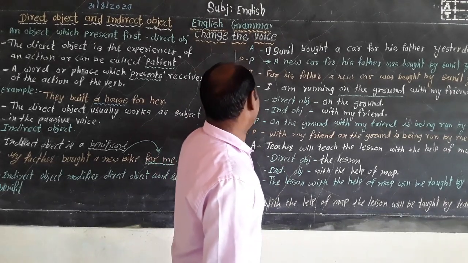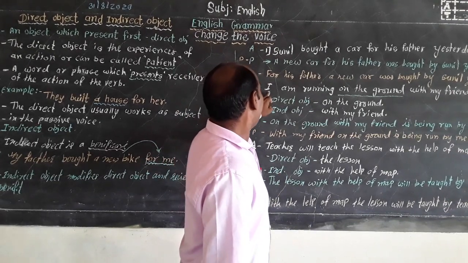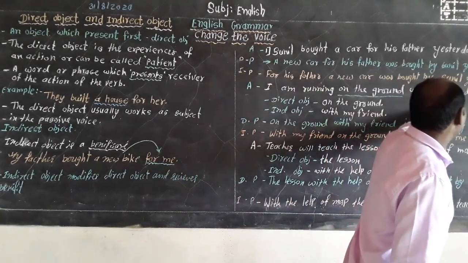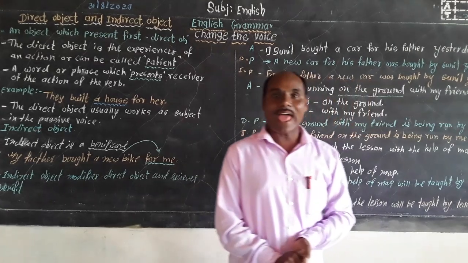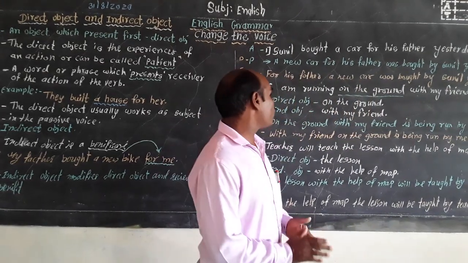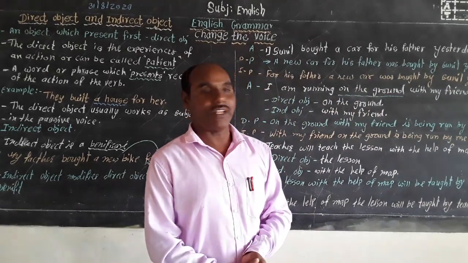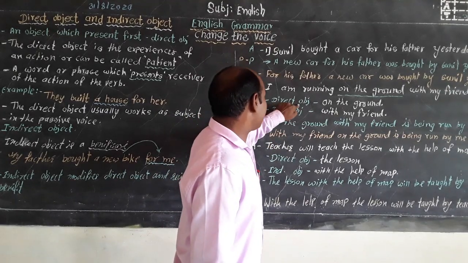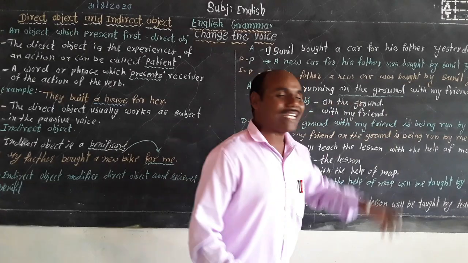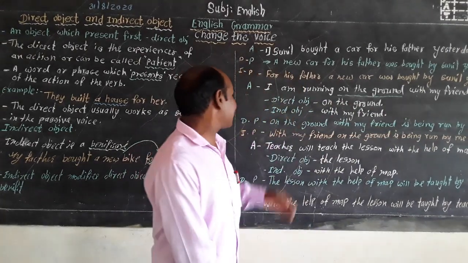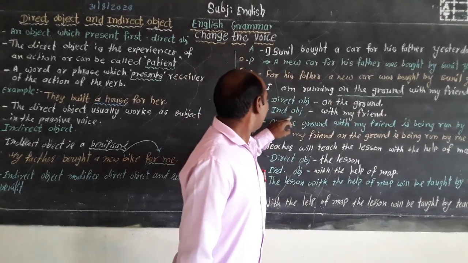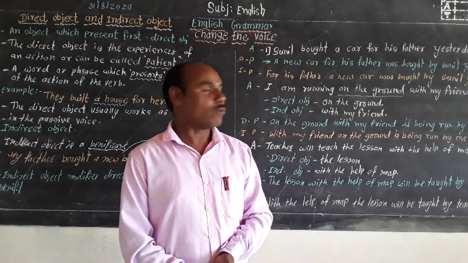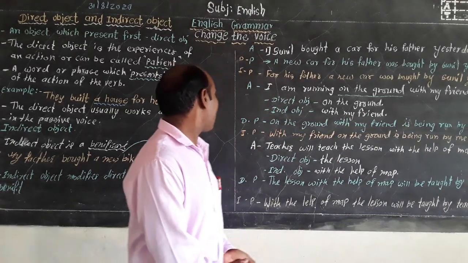Now next question. I am running on the ground with my friend now. Now let us see the direct object. On the ground is the direct object and with my friend is the indirect object.